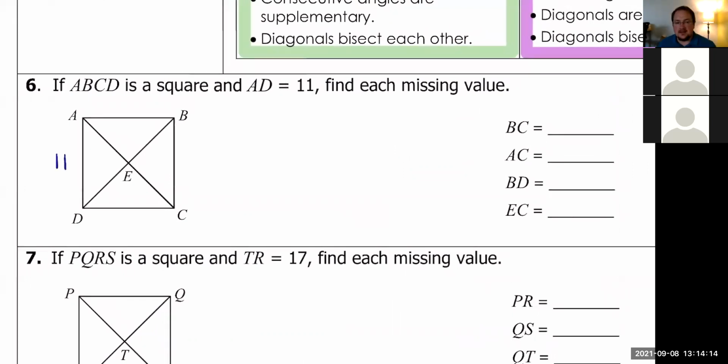What's side BC? 11. Because similar to a rhombus, all sides are congruent. Okay. What about AC? Careful, AC is a diagonal. So then I have to say, well, shoot, I need to think about this in terms of a triangle.